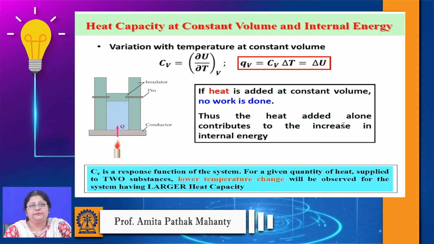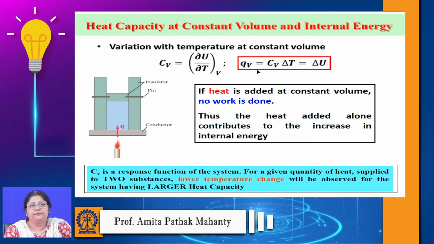Now, how does internal energy change with temperature? The change in internal energy with temperature at constant volume is nothing but the measure of the CV of the system, the molar specific heat at constant volume. If you rewrite that, CV dT will be equal to delta U, the heat transferred at constant volume.